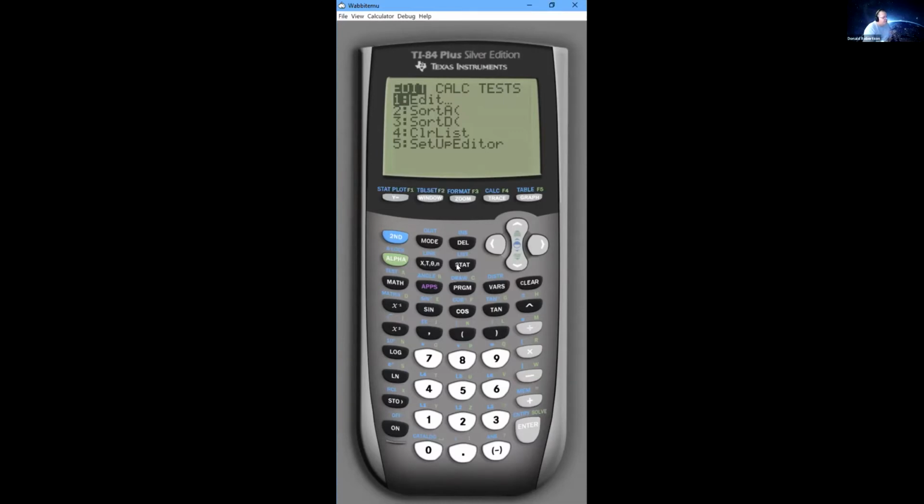Before that. Maybe it's too obvious. Oh, edit. I got to put the data in, right? I got to put the numbers in, right? I mean, it doesn't know what to test if there's nothing to test with, right? So I'm going to go to number 1 edit, and I'm going to get rid of all your results. And now I'm going to type in the people that he chose.